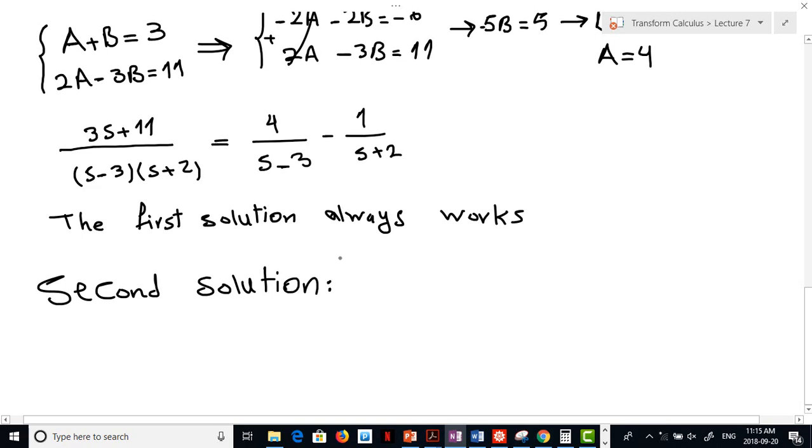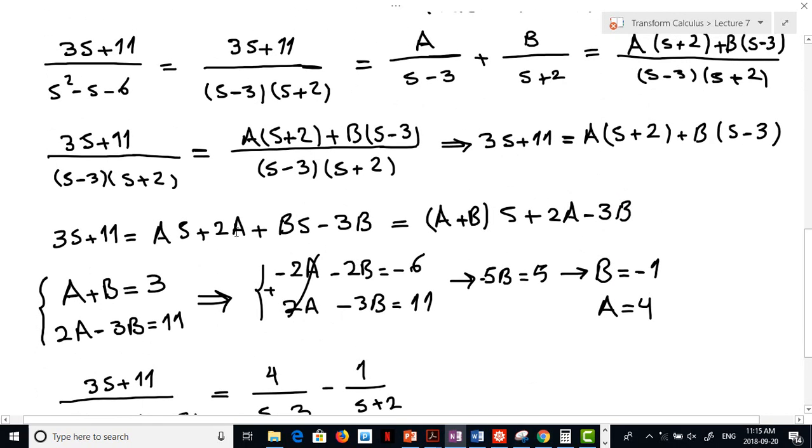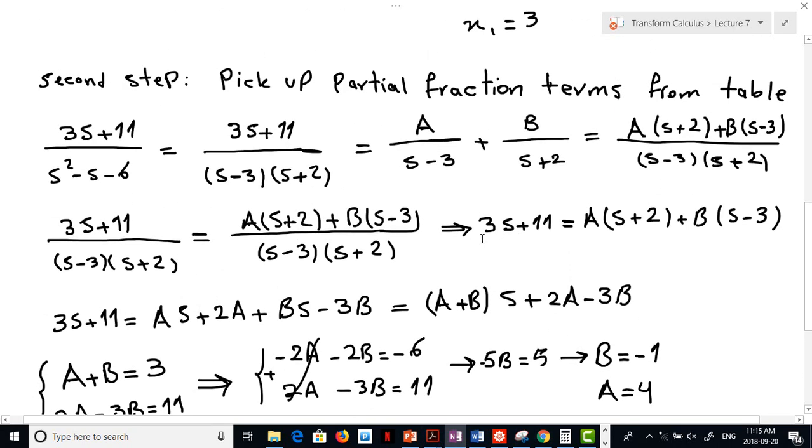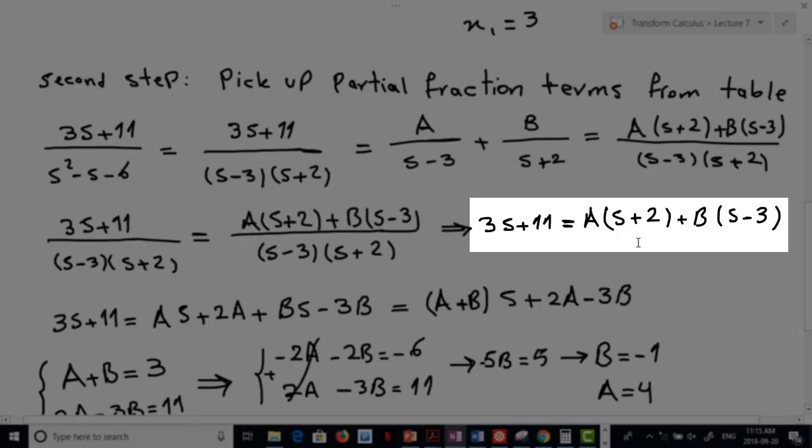In the second solution, here, see this equation, you had 3s plus 11 is equal to A times (s + 2) plus B times (s - 3). In this case, we don't expand the right hand side of the equation.